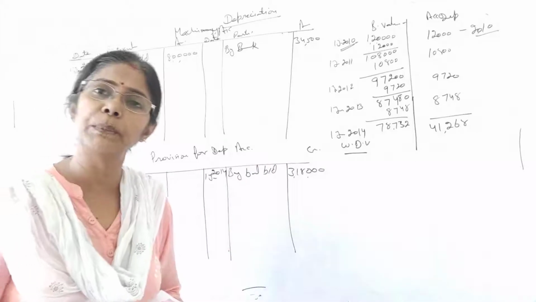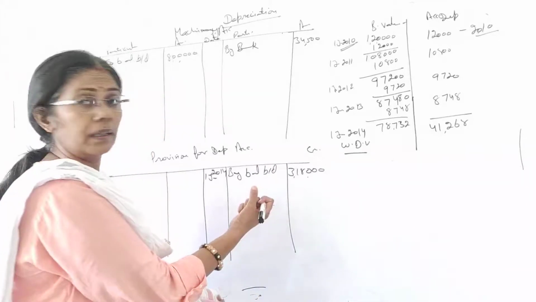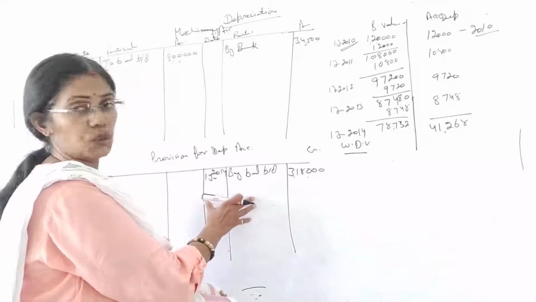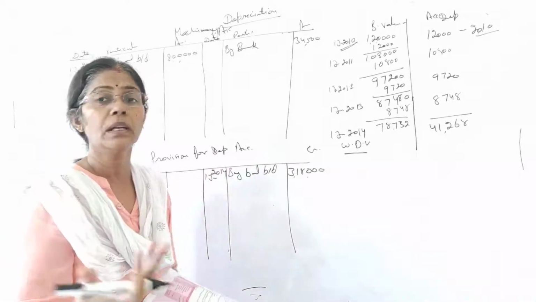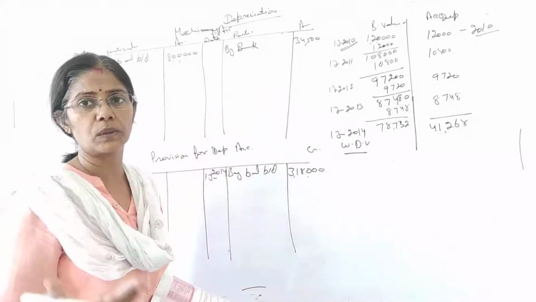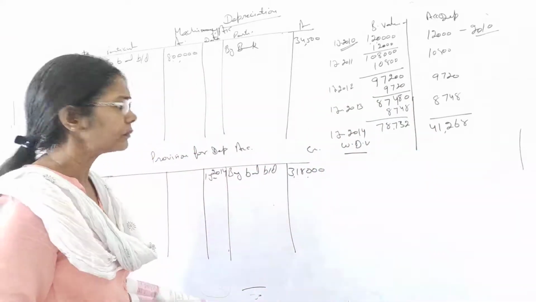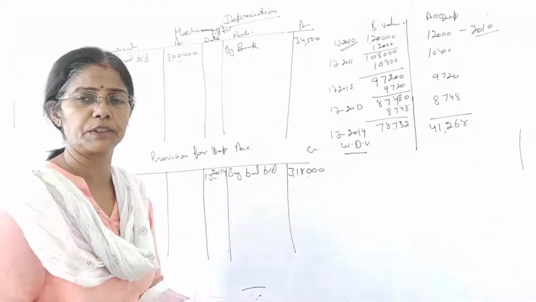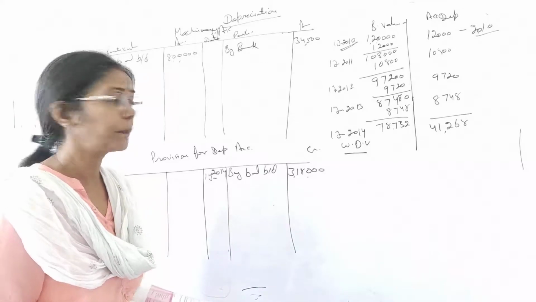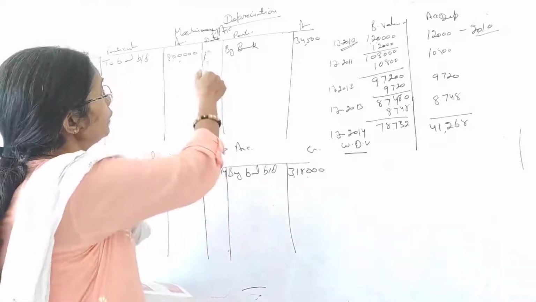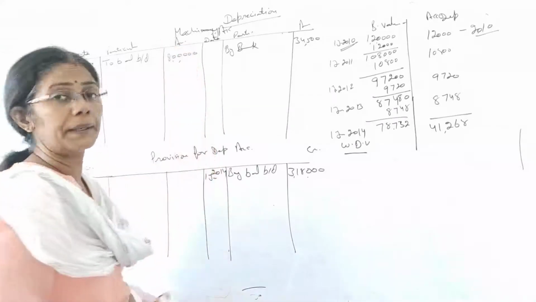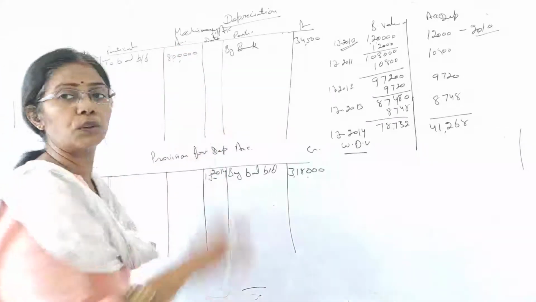So what I will be doing, I will be taking this depreciation from this account, and that I have calculated, how much relates to this machinery which we are selling. That is 41,268. What is the entry we have done in the previous question, if you remember? We credit this plant and machinery and we debit the provision for depreciation.